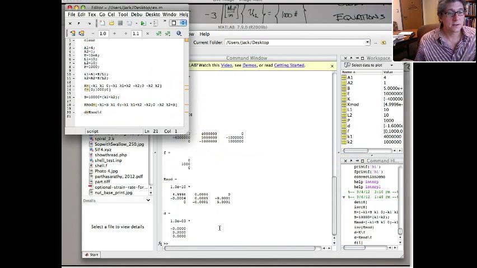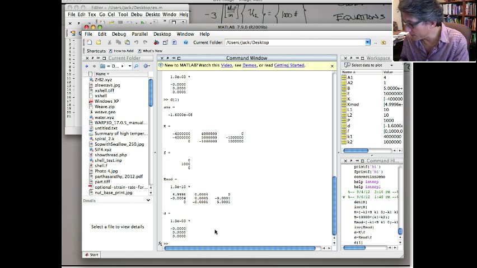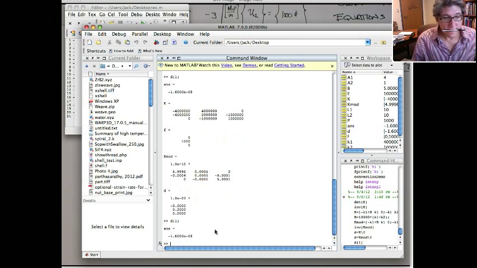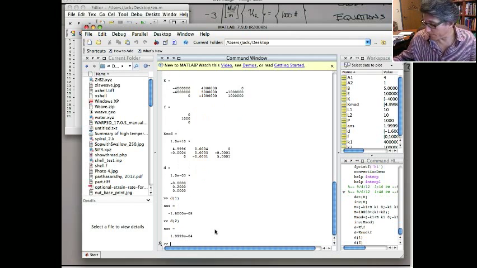So if I execute that, you can see this now gives us the solution that, well, let's write them all out. U1 is minus 1.6 times 10 to the minus 8th. U2 is basically 2.0 times 10 to the minus 4th.